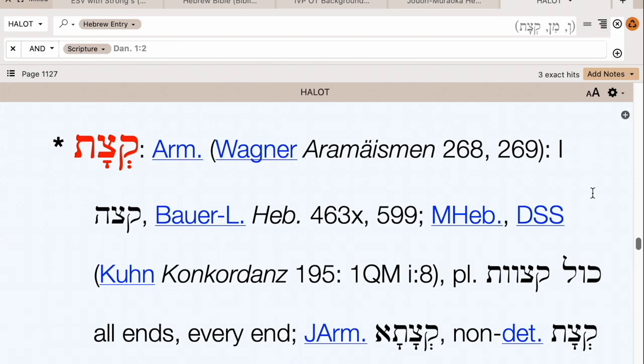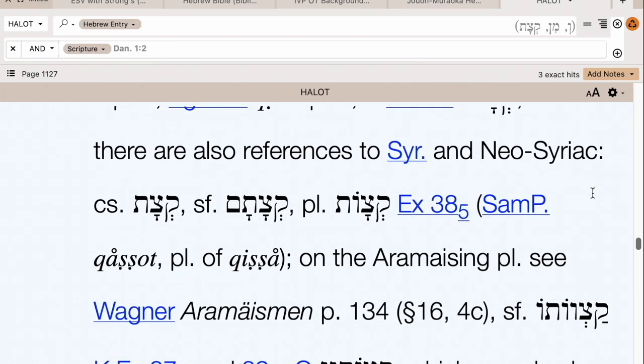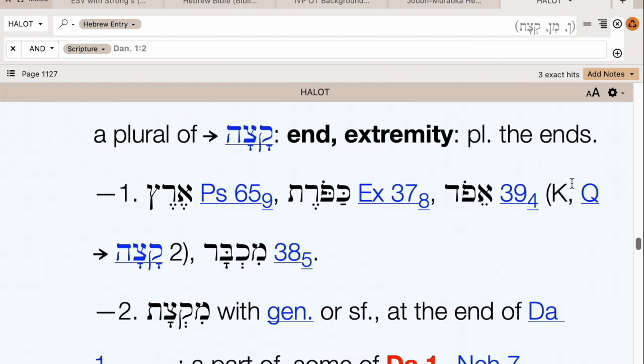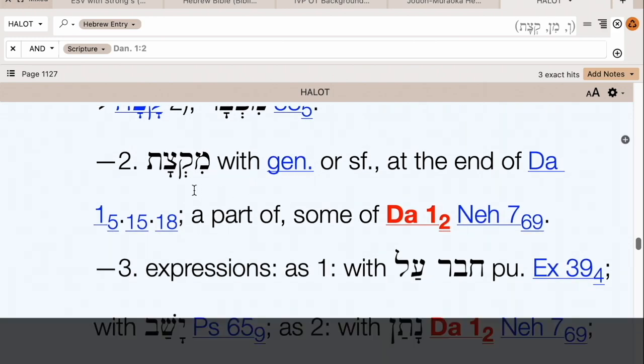So in the Hebrew and Aramaic lexicon, okay, ketsat has a number of translations throughout the Hebrew Bible. A lot of times it means end or extremity. But you see here, miktsat can mean at the end of. We're going to see that in Daniel 1:5, Daniel 1:15, and so on. But it also means a part of or some of, as in Daniel 1:2 and Nehemiah 7:69.